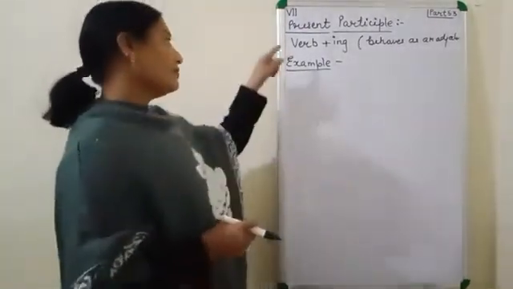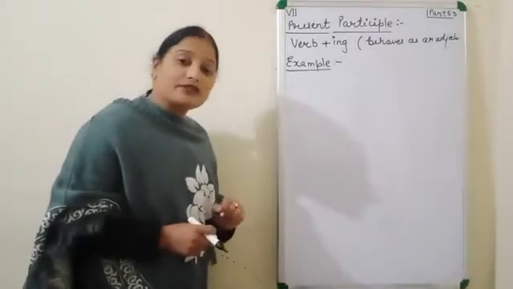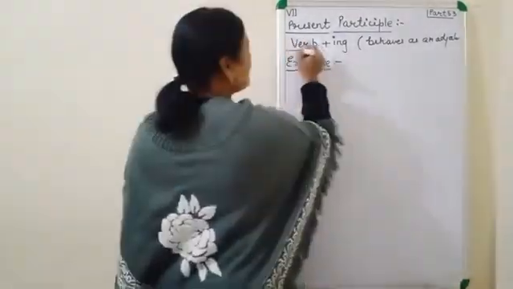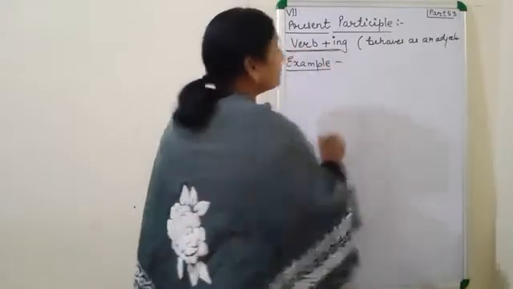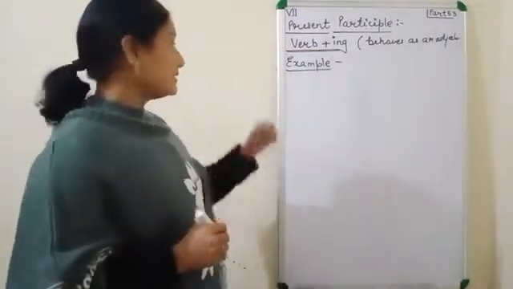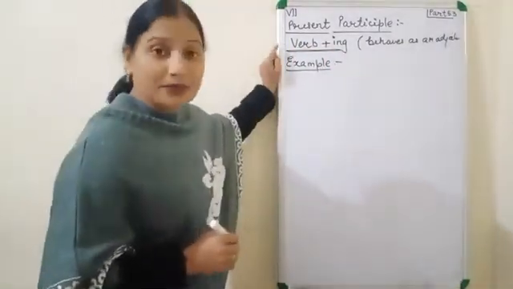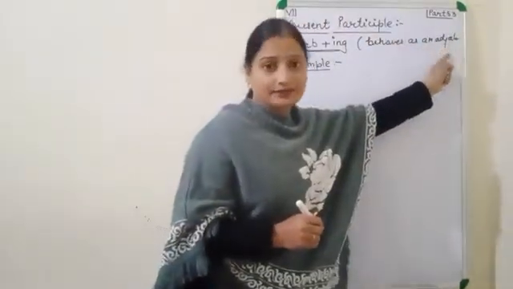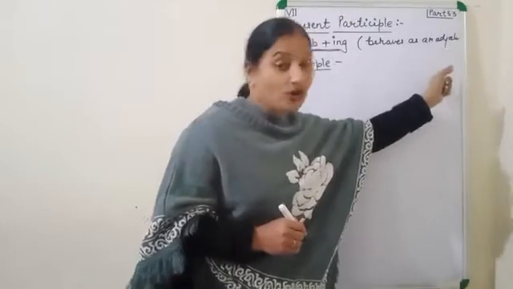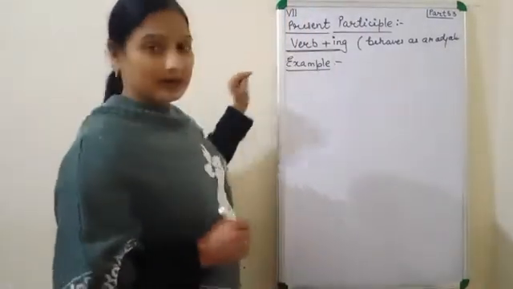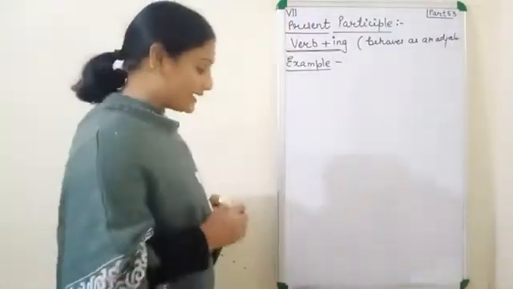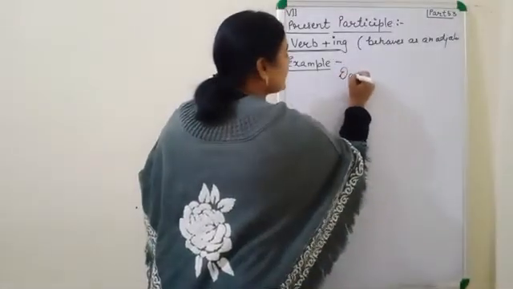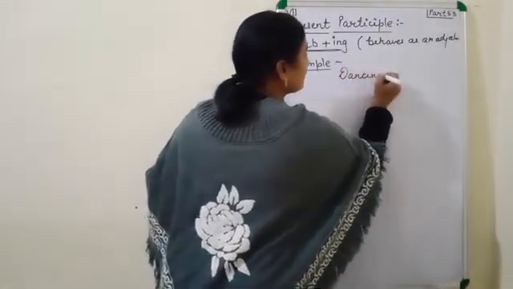We use the first form of the verb plus "ing" in the present participle, and when this verb plus "ing" behaves like an adjective, it is called the present participle. See one example, children. Suppose I write "dancing doll".